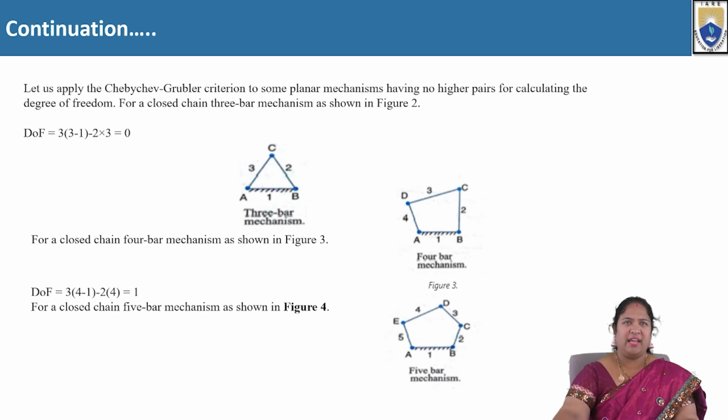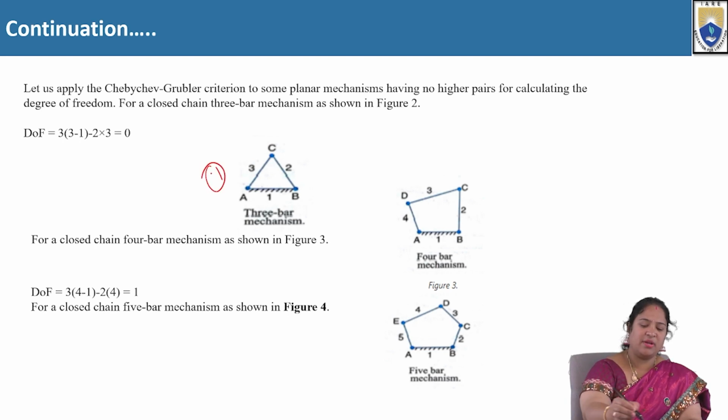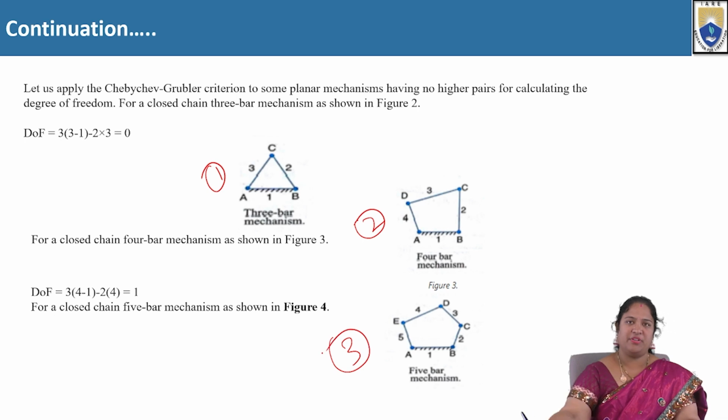Now, when we take the degree of freedom for a 3-bar mechanism, let us consider this as example 1, this as example 2, this as example 3. So when we are considering the 3-bar mechanism, how do we calculate the degree of freedom?